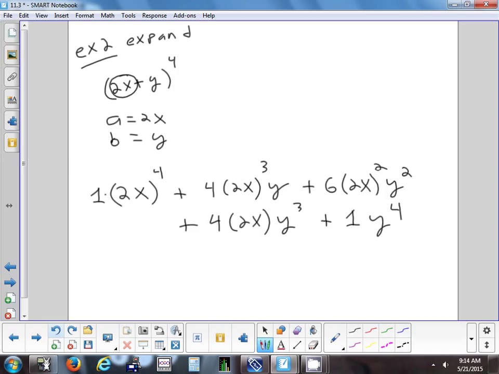Okay, now, in something like that, we gotta clean it up a little bit. Remember, when you have a product raised to a power, raise each factor to the power. So let's start with 2 to the 4th.